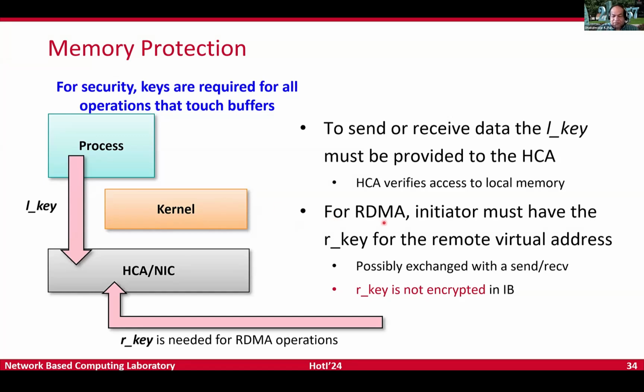Same thing happens: you send that key to the remote, and then when the remote person is trying to do this RDMA operation, in addition to the data, it has to provide that R key. And in the beginning, in the basic InfiniBand standard, this R key is not encrypted. So the assumption is that if the system is within a data center or within a building, those are protected enough so that people cannot come and touch it.